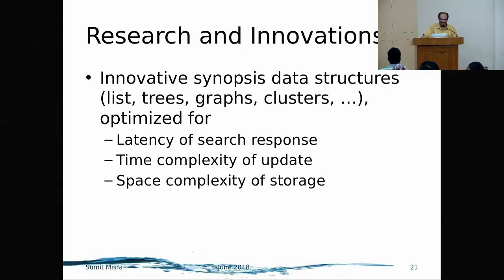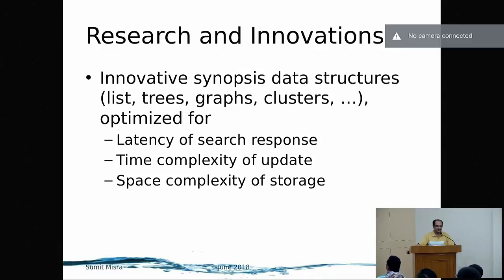If you see the research and the innovations, where it's happening in this is in finding innovative synopsis data structures, like lists, trees, graphs, and all of these, so that it is optimized for latency of search, so that your search is faster. Then the time complexity of update, because whenever there's synopsis data, you have to update it every time a stream comes.